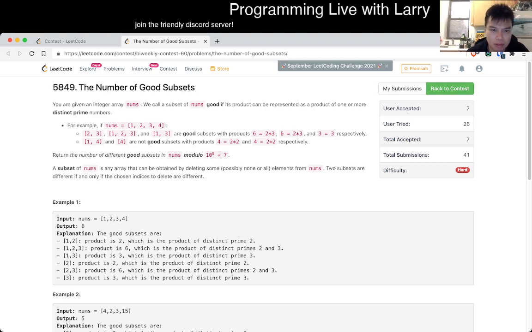What does that mean? English is kind of hard for me to parse in the morning. Product of 6, okay. Why is this not a good subset though? It's a product of one or more distinct prime numbers. Isn't this the product of at least one prime number? I don't get it.